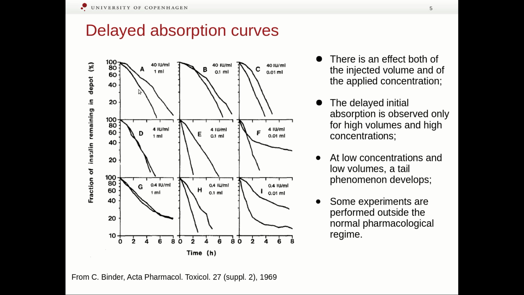The idea of the interpretation of this particular figure is then that in the beginning the insulin concentration is so high that a large part of the insulin is in a hexameric form, and therefore the absorption is slow. And as the insulin in the depot becomes less highly concentrated, the insulin becomes dimeric and has a faster absorption rate.